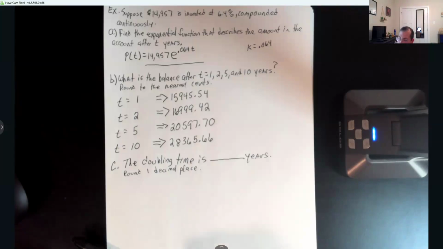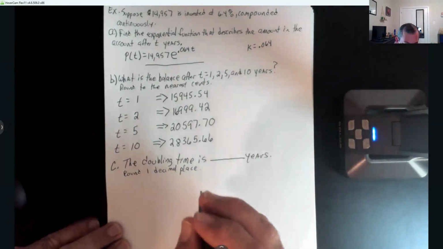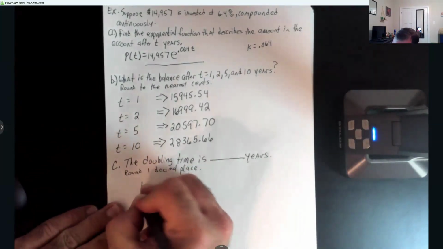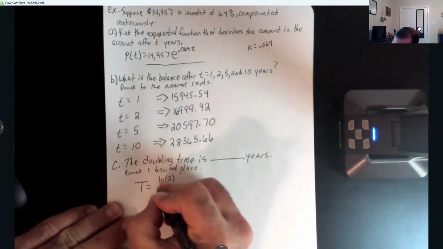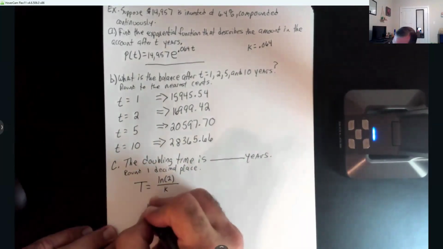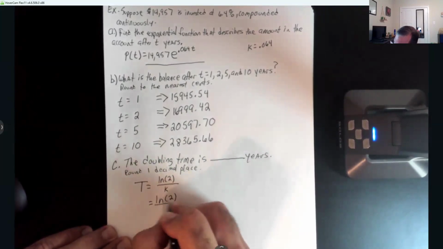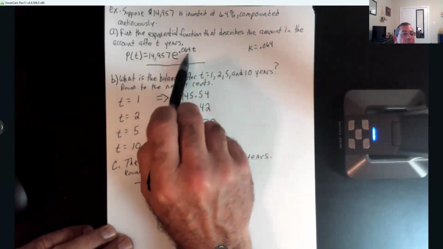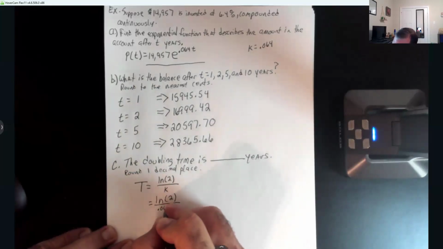Oh, Jackson's popping in with a 10.8. And I think you got it, Jackson. Good job. All right, because we had our T equaled ln of 2 over our K. We all, ln of 2 stays the same on top. And we know our K, y'all done put K into my formula. That was 0.064.